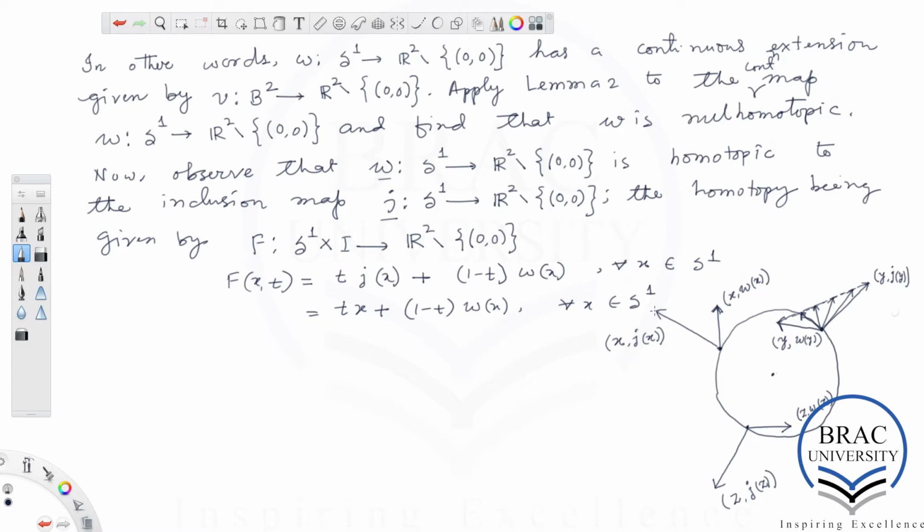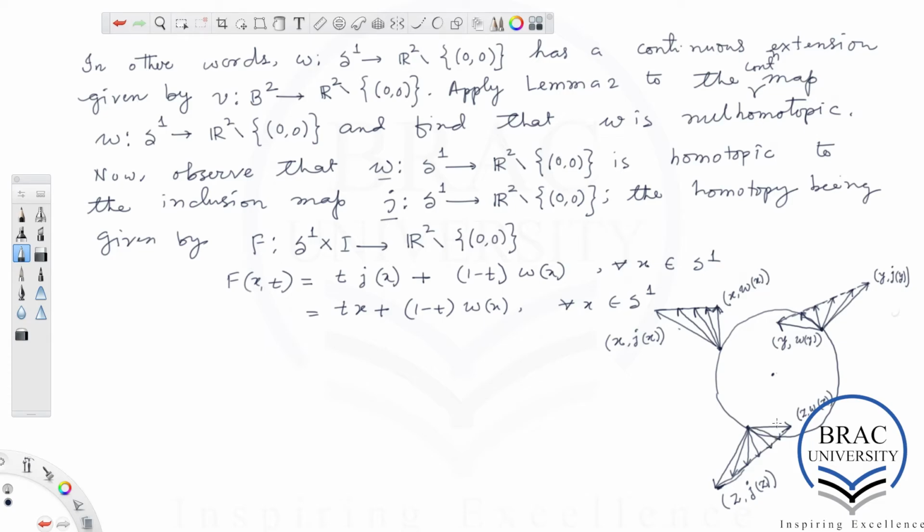Similarly here, you can continuously take this vector W of x into that vector J of x. Okay, similarly you can join the two tips of these two vectors in R2 and continuously take one vector into the other vector lying on that straight line.